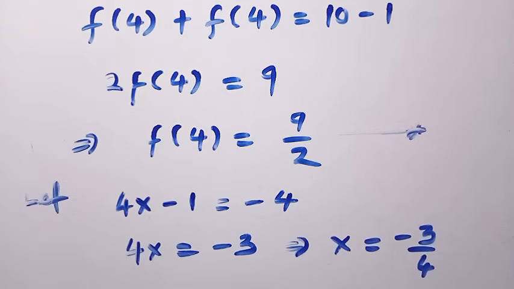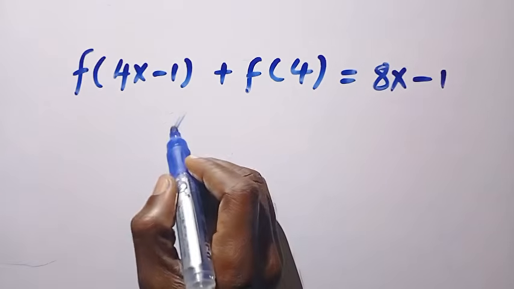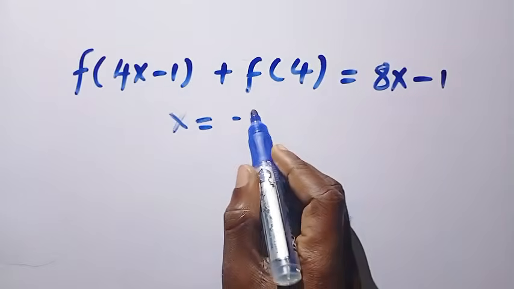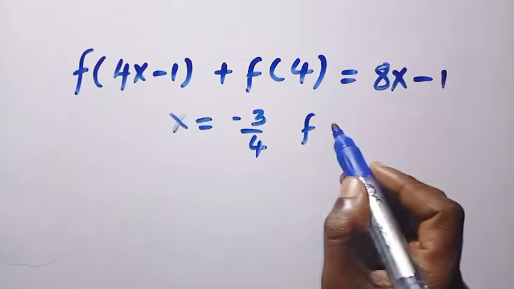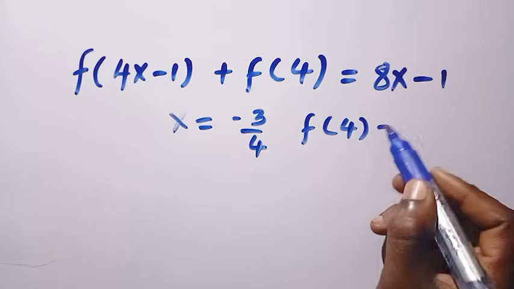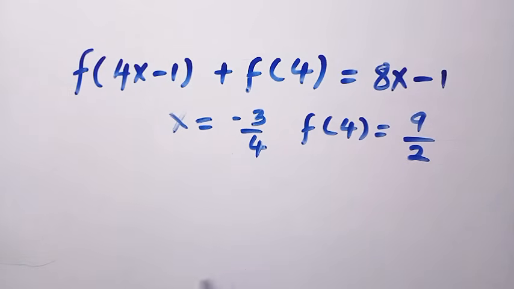So let's come back to the given question and substitute x as minus 3 divided by 4. And we have initially f of 4 equal to 9 divided by 2.